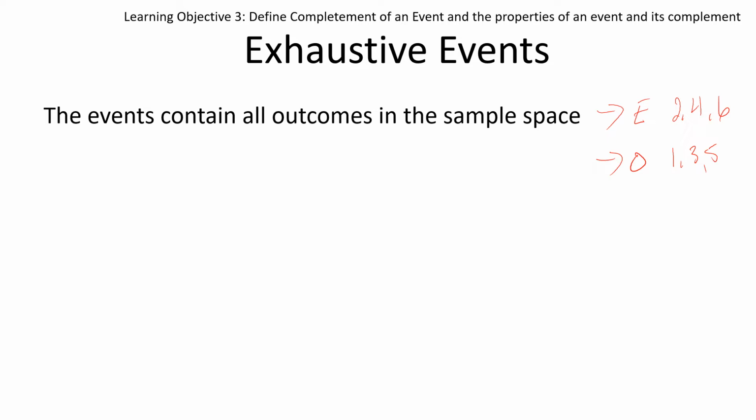However, let's say instead I was looking for evens and low numbers. Evens are 2, 4, and 6, and low numbers are 1, 2, and 3. This is not exhaustive because what's missing? The 5.